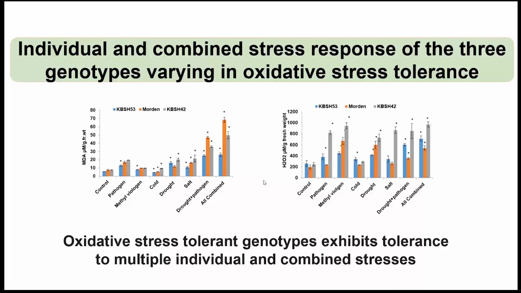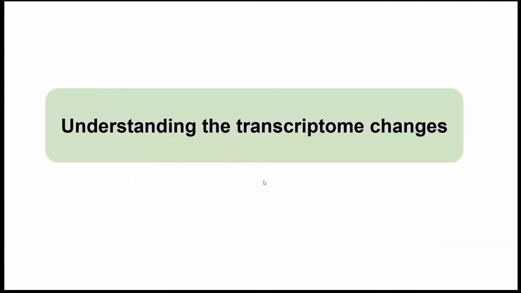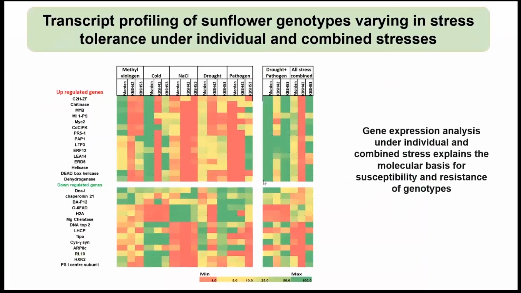Now, to understand the transcriptomic changes, all those genes that, as I earlier mentioned, were shortlisted from the public databases have been analyzed in these three hybrids slash genotypes for all the individual as well as the combined stresses that have been tested in this study.